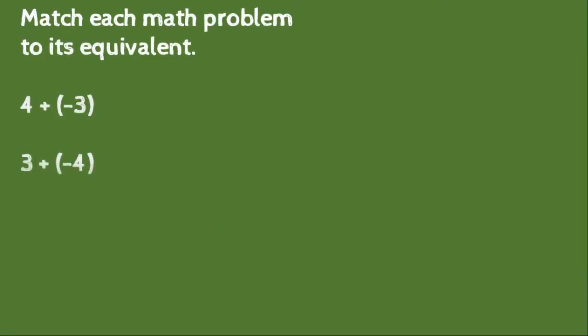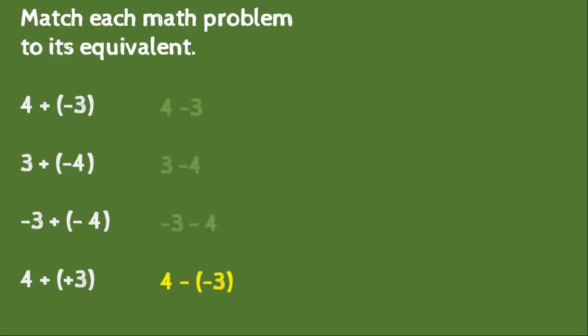For our next example, match each math problem to its equivalent. So we have 4 plus parentheses -3, 3 plus parentheses -4, -3 plus parentheses -4, and 4 plus parentheses +3. For our first example, 4 plus parentheses -3, we can just eliminate the plus sign and the parentheses, which would make 4 minus 3.